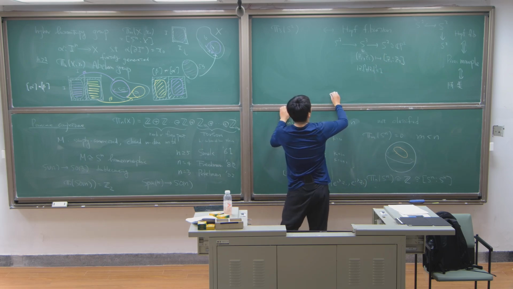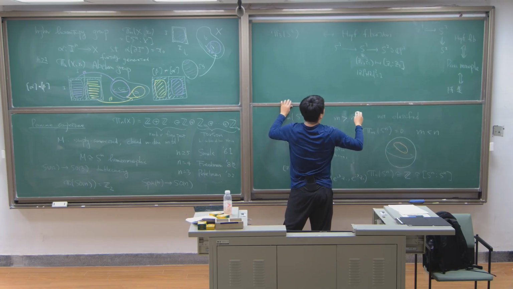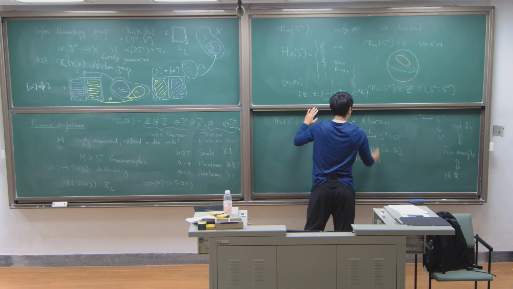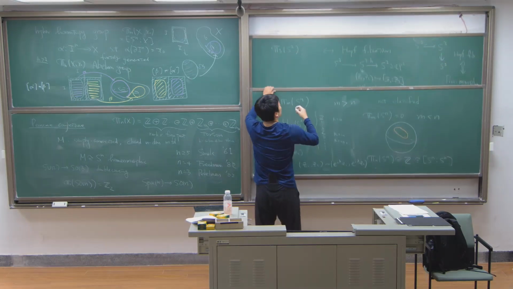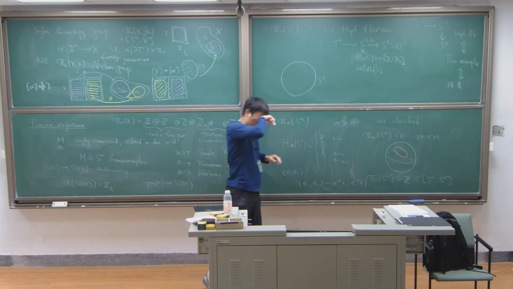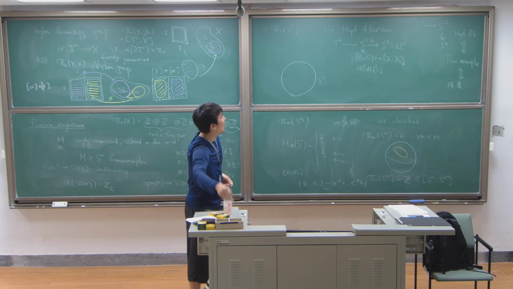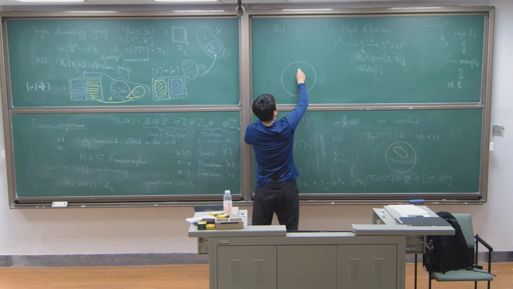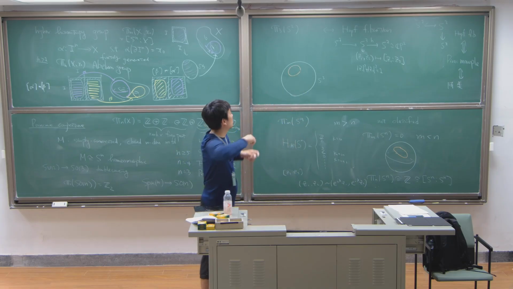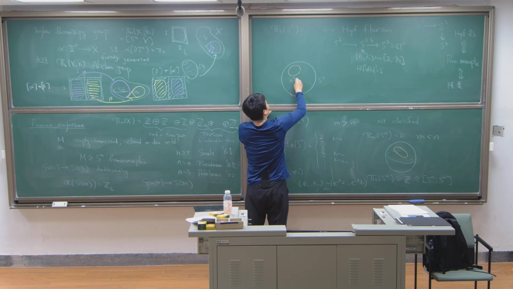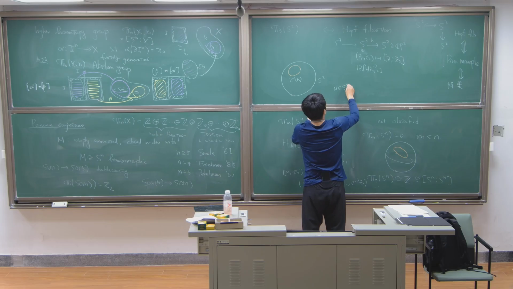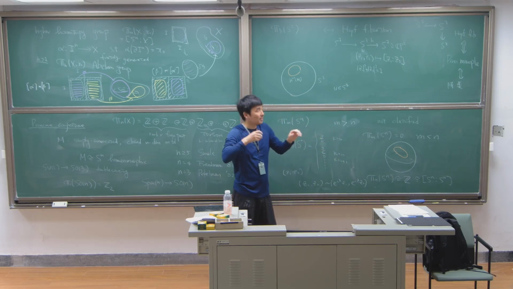Let's call this map H. If you look at the preimage of the north pole of S2, it becomes a circle.